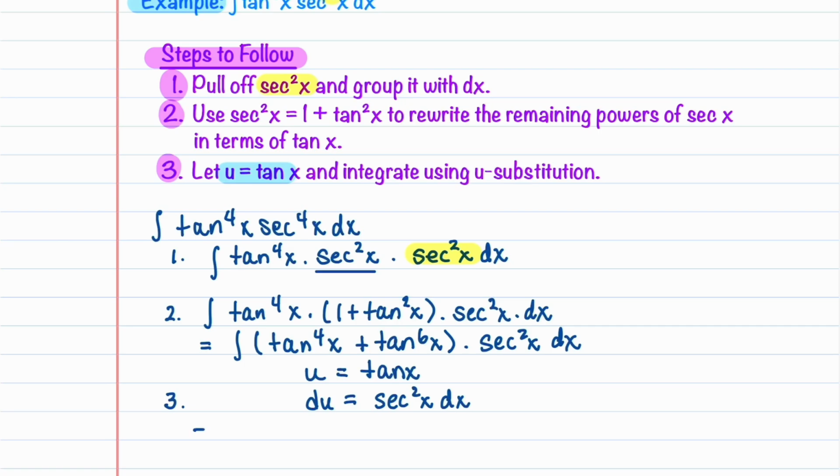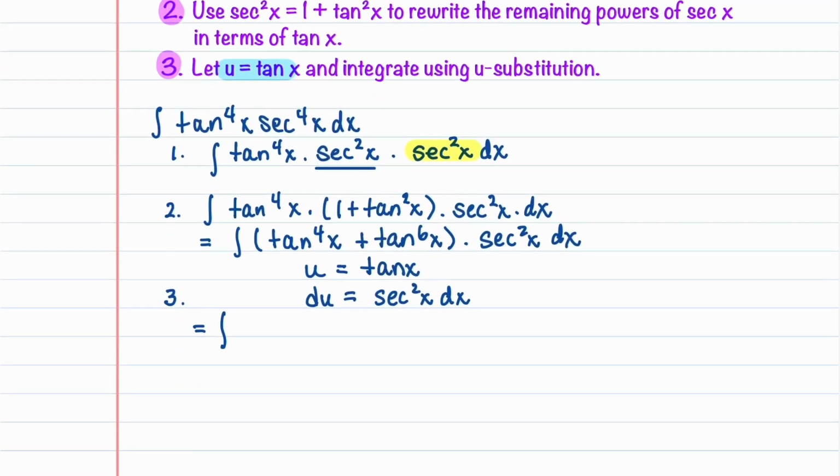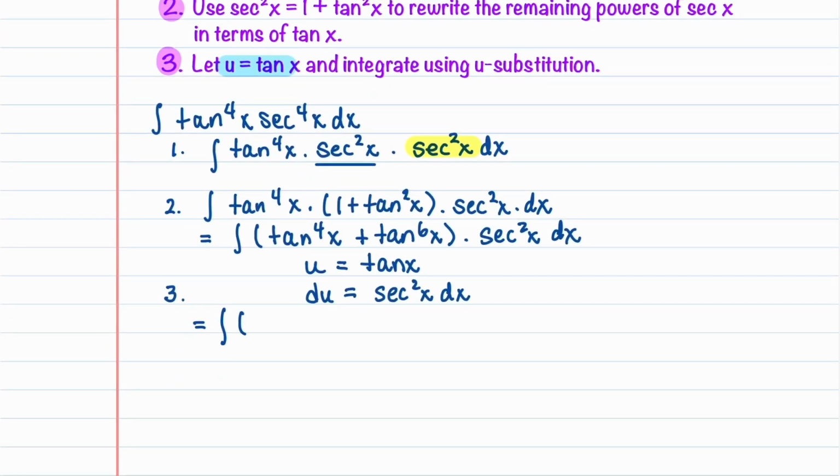So we can rewrite our integral as tangent to the fourth, so that's now u to the fourth, plus tangent to the sixth, which is u to the sixth, and then secant squared dx is just du. We integrate this. This is 1/5 u to the fifth plus 1/7 u to the seventh plus c.